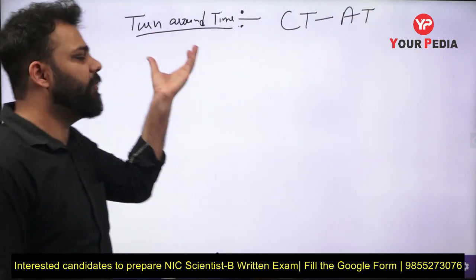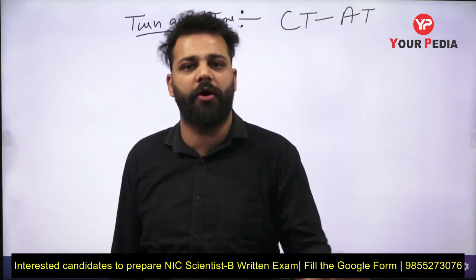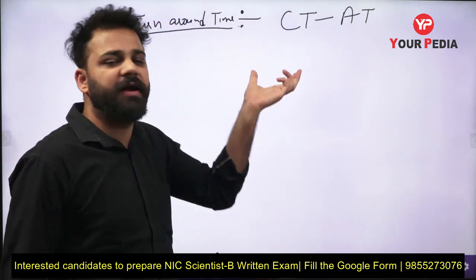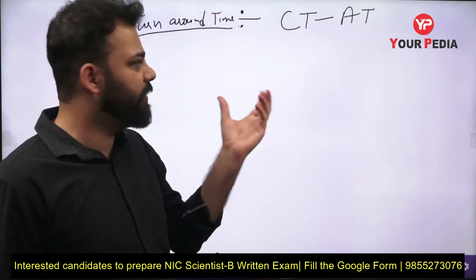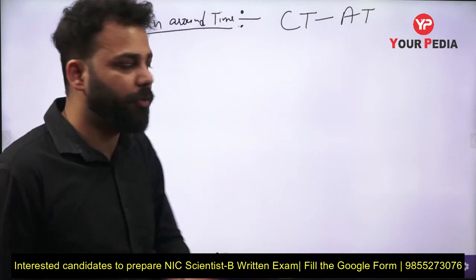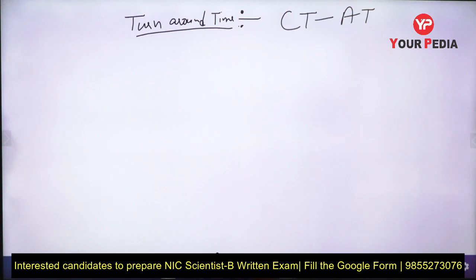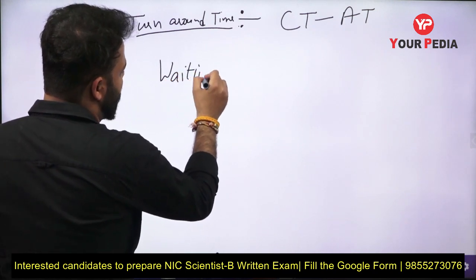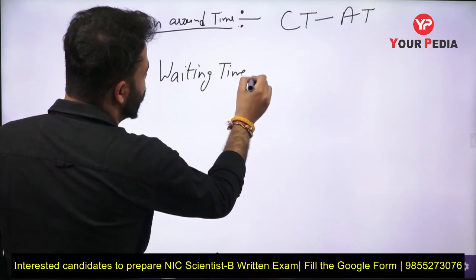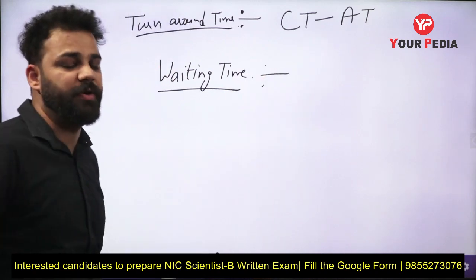So this is the time for which the job was present in the CPU, whether it was executing or not. Either it will be executing or it will be waiting to get the processor. So turnaround time is completion time minus arrival time, and last is waiting time, the time for which the job had to wait while being in the CPU.